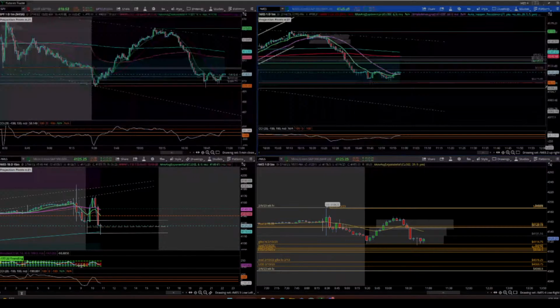That's the part that humbles me. I can get these really outside of the box options positions that not many people would even think to trade.